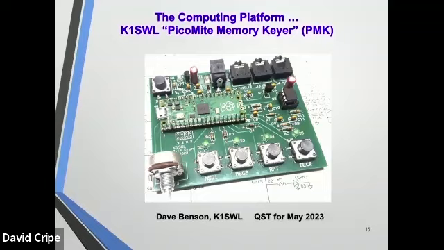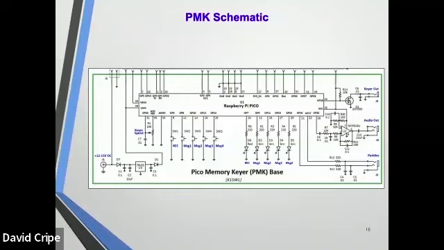But I took Dave's work and I said, wouldn't it be interesting if we extended it? You can see it a little bit here, you'll see it in a moment more: if we put long pins on the Pico and take advantage of a lot of the other I/O pins on that chip. And this is just a schematic of the Pico.